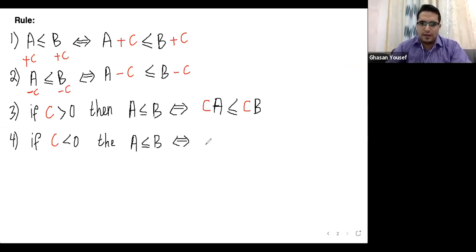So I get C times A greater than or equal to C times B, because the number is negative.